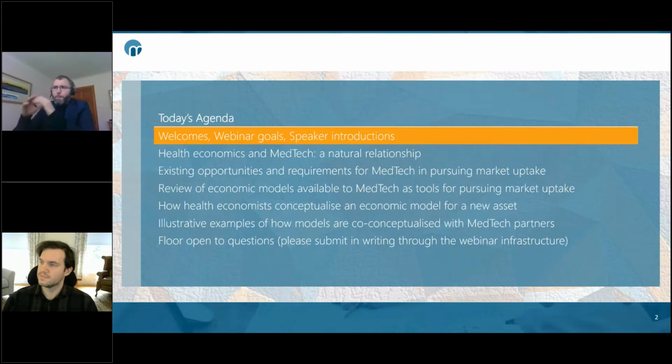And then we can think about the types of economic models which health economic teams, such as ours, for example, could actually develop for medtech to enable robust and appropriate submission packages to be submitted for these purposes.